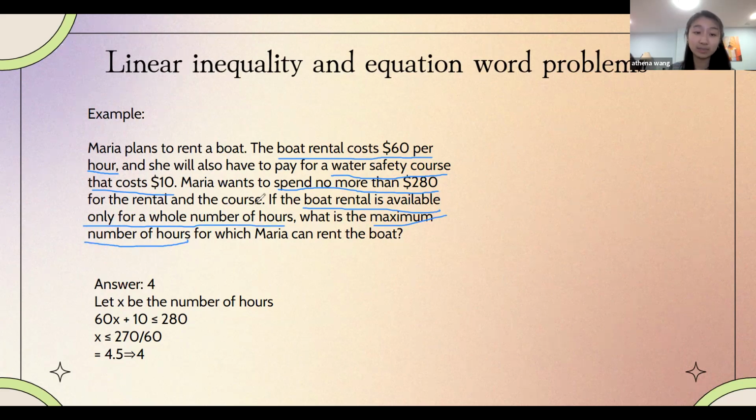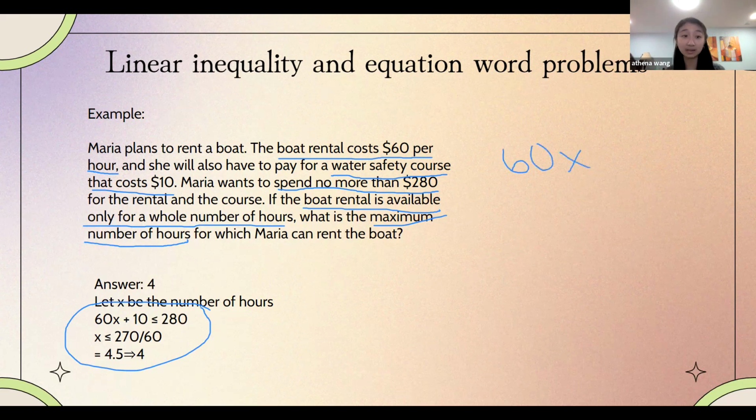So the equations are written here, but we can do it out, so it's easier to see the logic behind this. This boat rental costs $60 per hour. Since this is per hour, we need a variable for that. So now we have 60 times x.